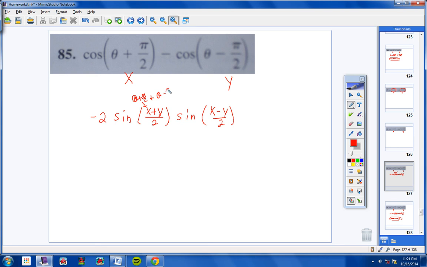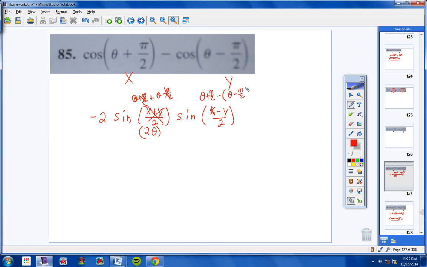minus pi over 2. Now look, positive pi over 2 and negative pi over 2 cancel. We have theta plus theta, so this whole thing here becomes 2 theta. Now come over here for x, I'm going to put theta plus pi over 2 minus, and then for y, I'm going to put theta minus pi over 2.